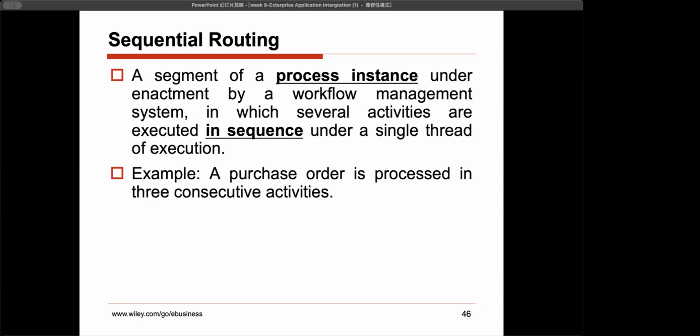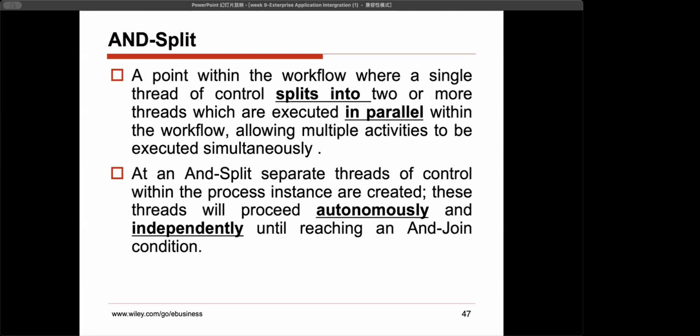An example here, a purchase order is processed in 3 consecutive activities. And split, a point within the workflow where a single thread of control splits into 2 or more threads which are executed in parallel within the workflow, allowing multiple activities to be executed.